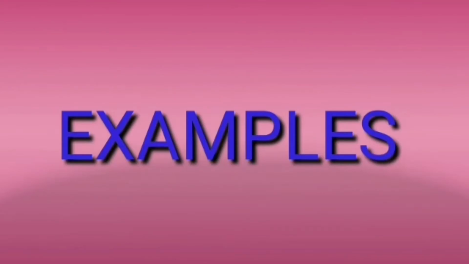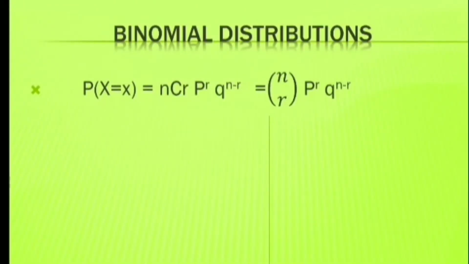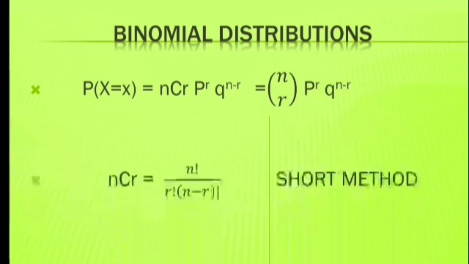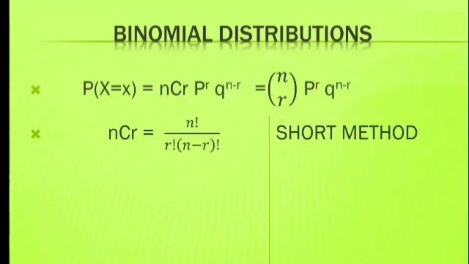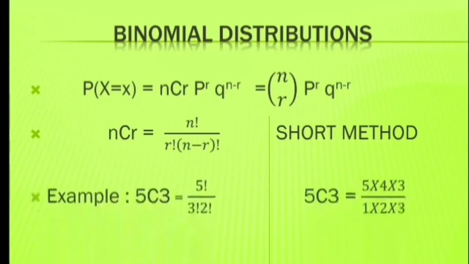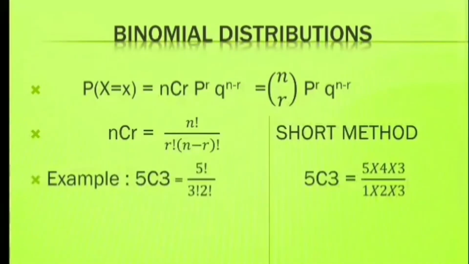Let's do some examples. The binomial distribution nCr p^r q^(n-r) can also be written as n over r, like in matrix form. We know nCr is equal to n factorial by r factorial into (n minus r) factorial. We can use nCr with this formula, or we can use a short method, which I am going to tell you now. Take the example 5C3.